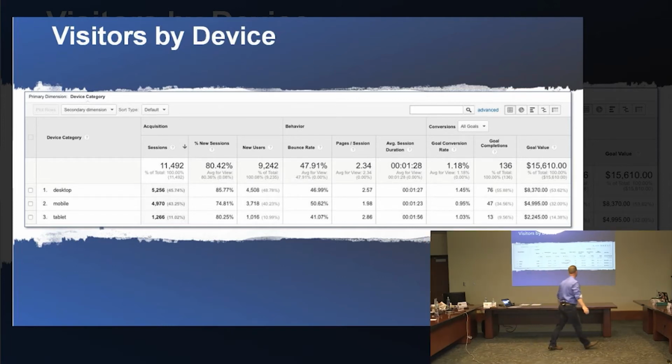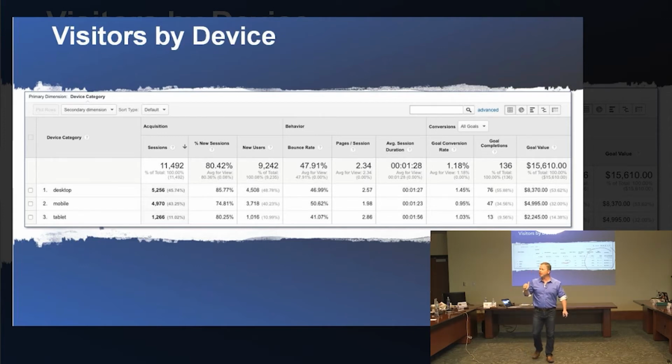Then conversion is what I'm looking at over here. How many conversions did I get? How many people went through the process and filled out a form? My time on site is about the same. My completion rate, my goal conversion rate, all very similar. And it's amazing that the sales almost line up with visitors on the devices.